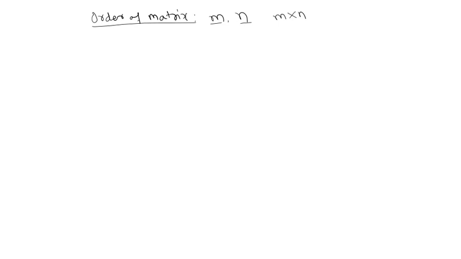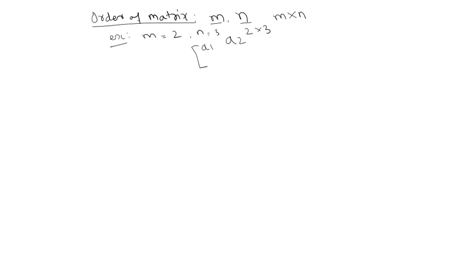A matrix is of order m by n. For example, suppose m equals 2 and n equals 3, then our matrix will be of the form 2 by 3. It means there is a matrix of 2 rows and 3 columns. So we can write 2 rows, I will take say A1, say A2.